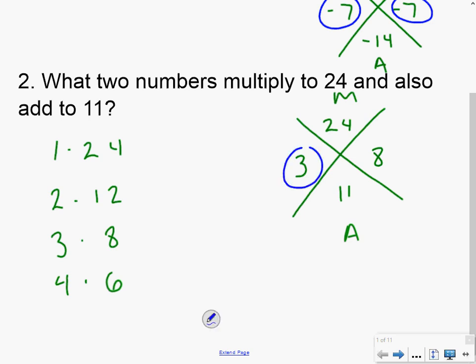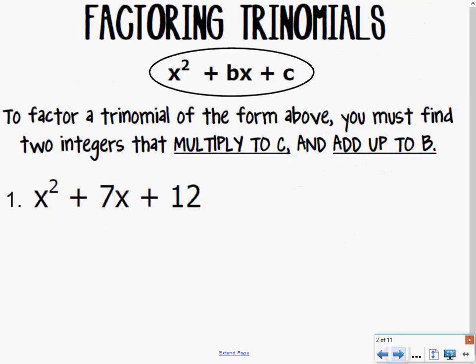We're going to be doing this same process today when we are figuring out how to factor trinomials. Now remember, trinomials have three terms, and specifically we're going to be looking at quadratic trinomials for the most part.